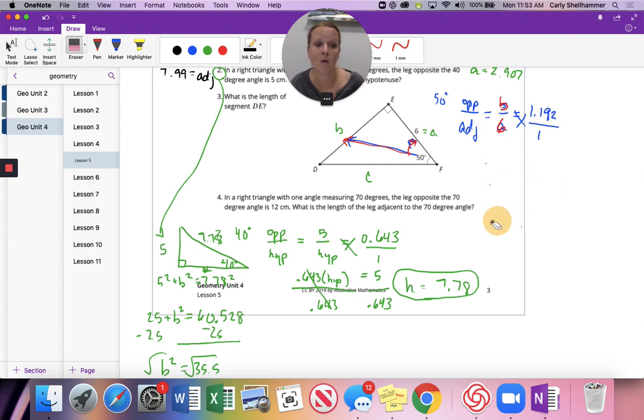What in the world? I have no idea. Somewhere I got a 5 in my head. I don't know where I got it from. So we've got B over 6. Opposite over adjacent is 1.192 over 1. Cross multiply. B equals 6 times 1.192.